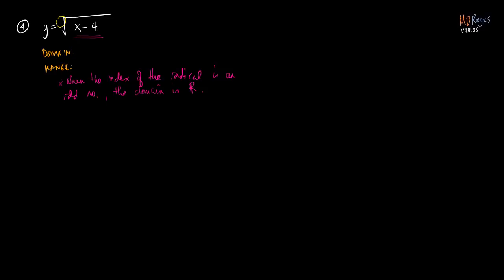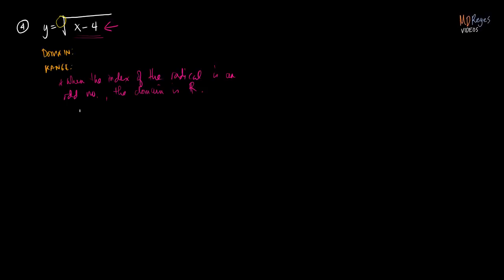But when the index is an even number, remember that the radicand cannot be a negative number. The smallest possible value for this expression, x minus 4, is 0. It can be any positive number, but not a negative number.